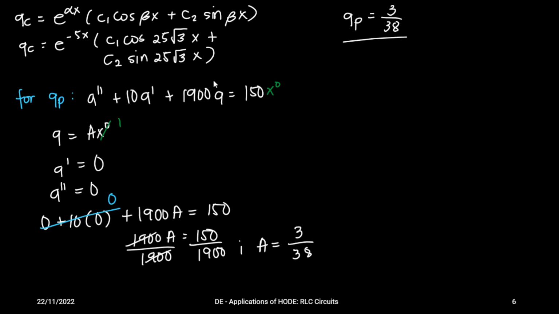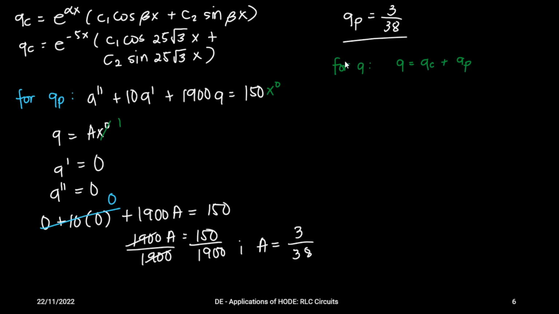Ito na ngayon yung i-add natin kay Q sub C to get our general solution. So for the general solution, Q is equal to Q sub C plus Q sub P.